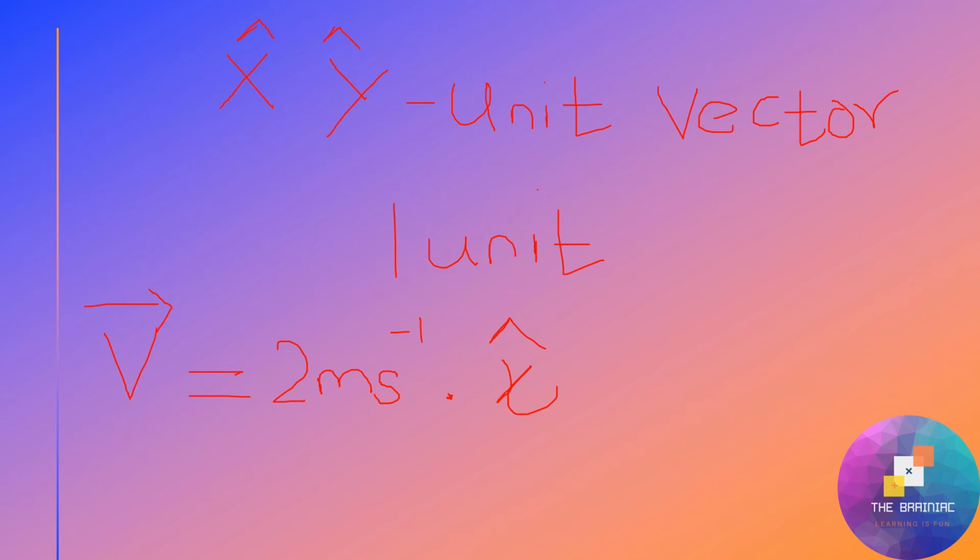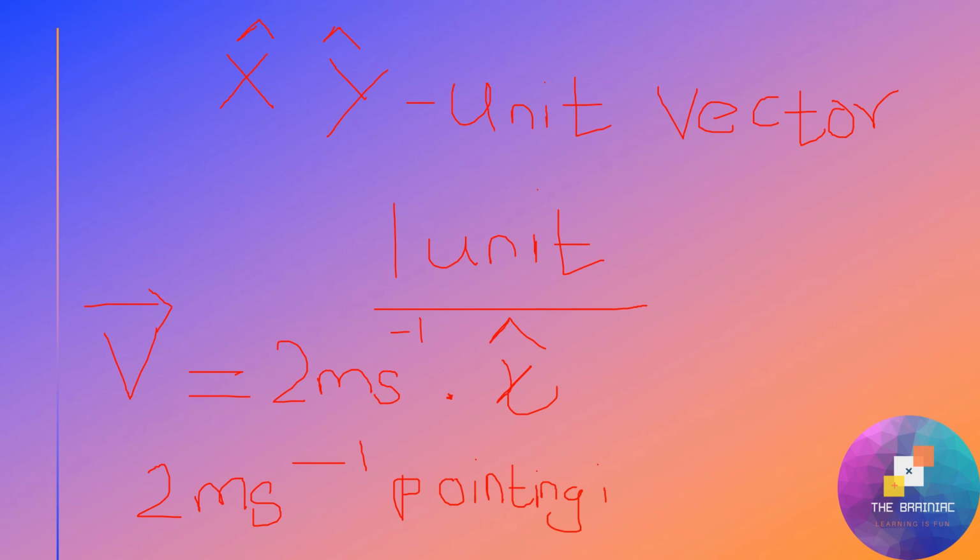So simply, if I multiply a magnitude with 1 unit or a unit vector, I will have a physical representation or mathematical representation of what that quantity is. So simply it means, I'll take this example, 2 meters per second pointing in the x direction.